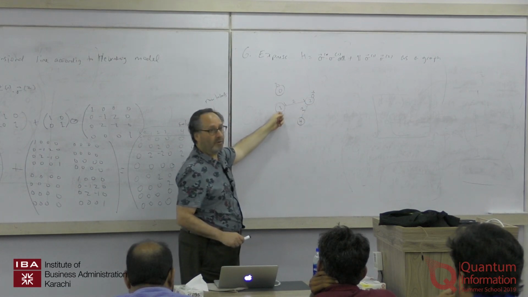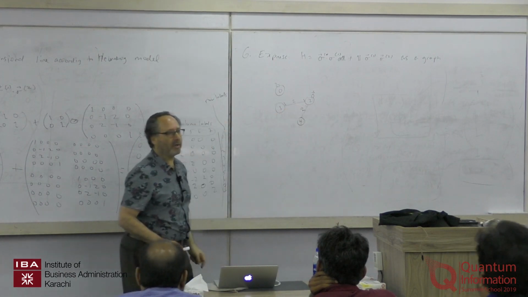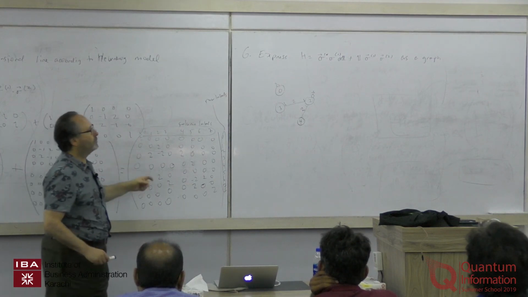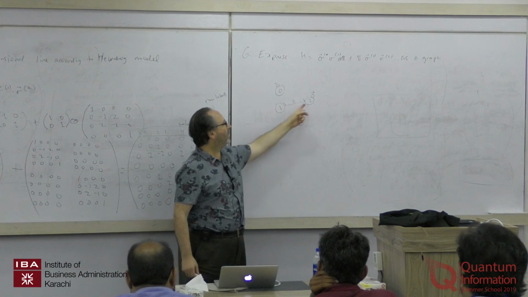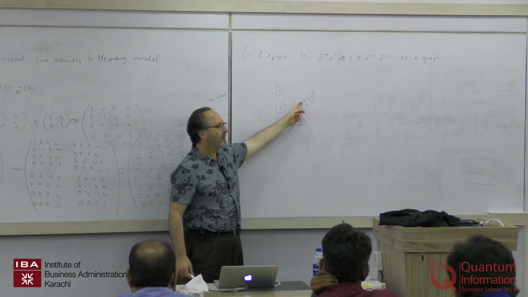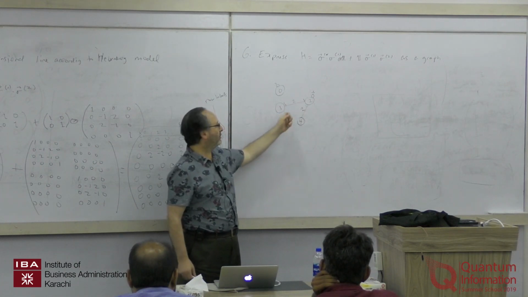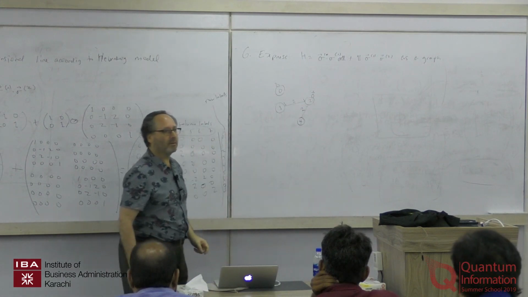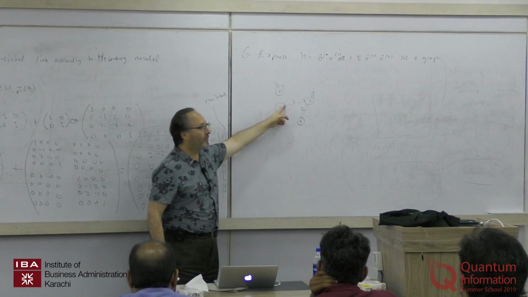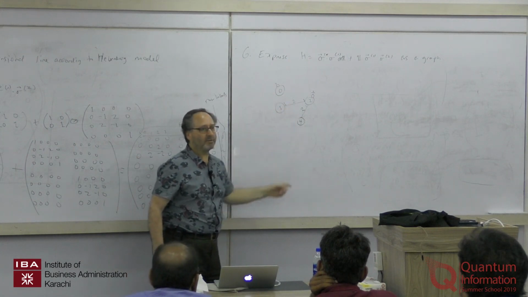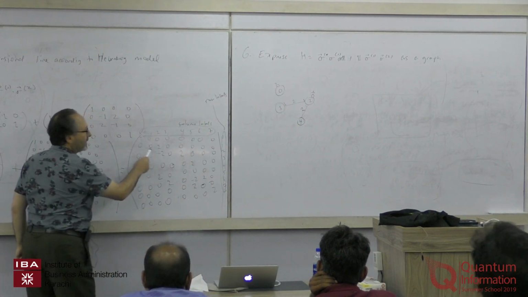So this is the first row. There's a non-zero entry in the second column. So I put the number 2 for the second column here, and I draw an edge. The edge tells me that there's a non-zero entry in row 1, column 2. See? So that's what that tells me. It tells me that's the first one, and it tells me that the weight of that entry is the number 2.